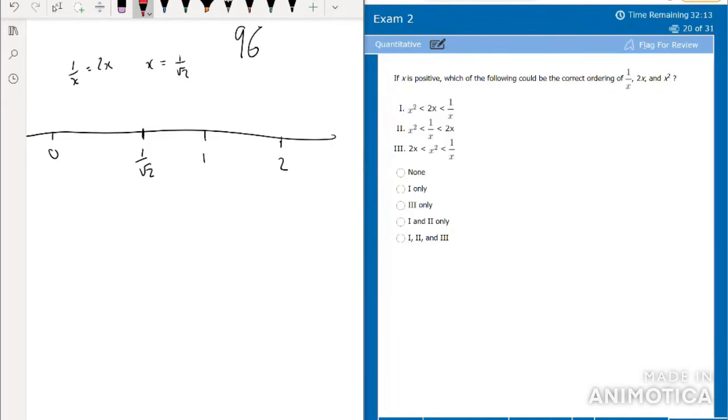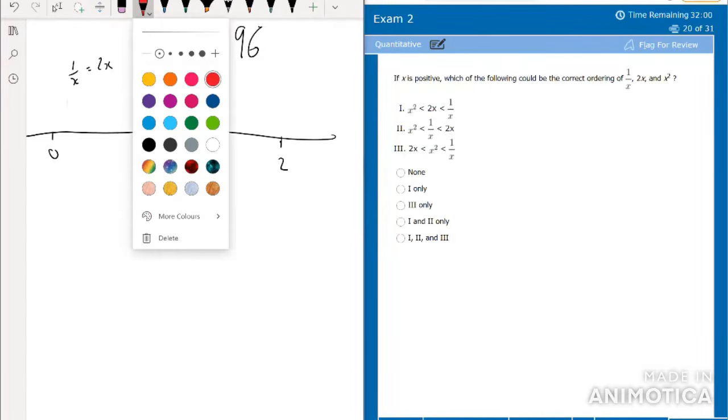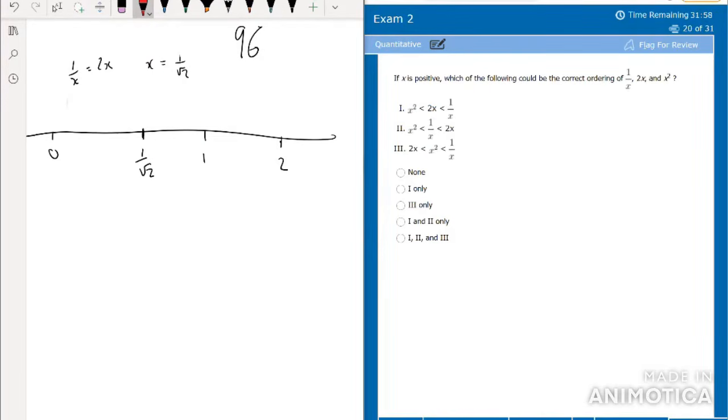Okay, and so here we've got 1 over x greater than 2x to the left of this. Wherever it's not is where I've not got a red, it will be less than.